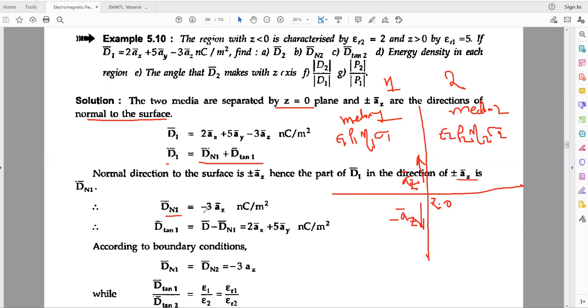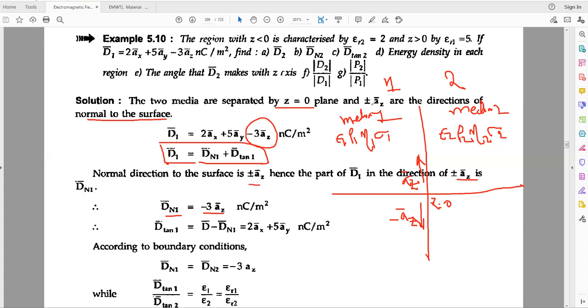So Dn1 is minus 3 AZ bar. The normal component is along the direction of Z. Then from this equation, D1 is the sum of the normal and the tangential components.